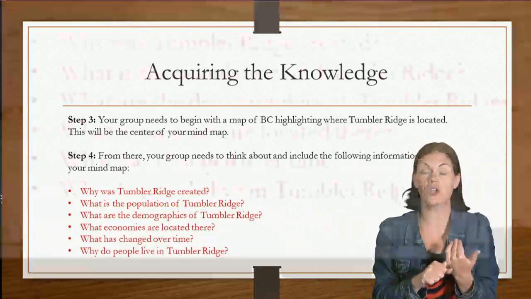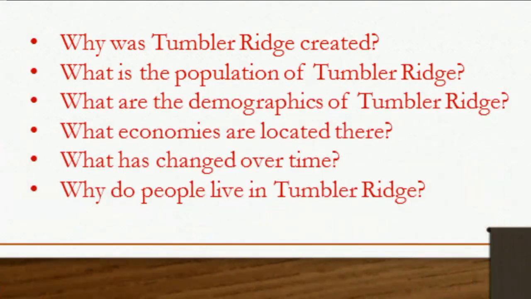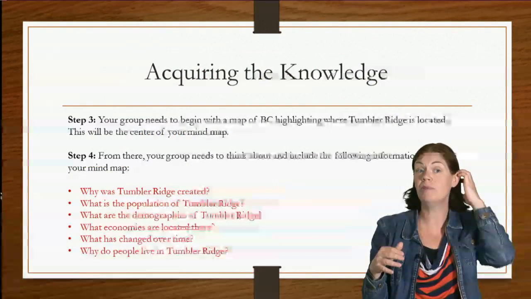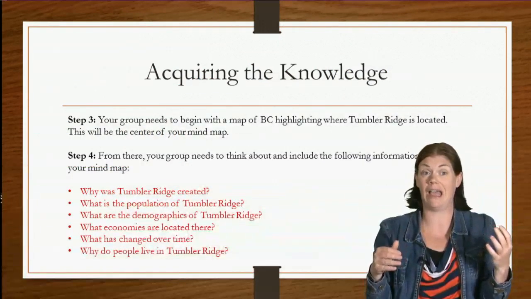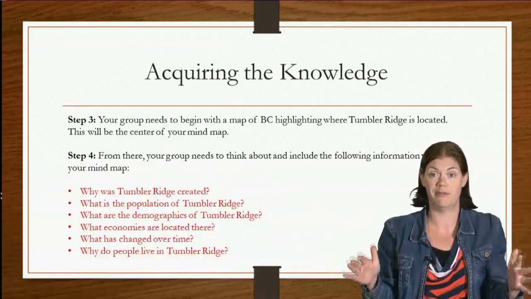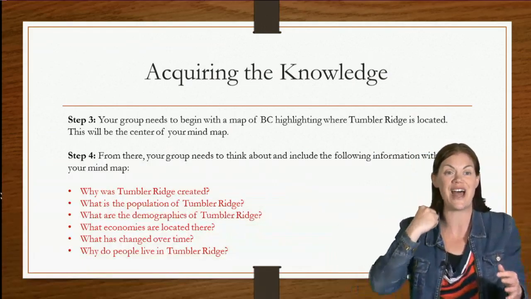What economies are located there? What has changed over time? Why do people live in Tumbler Ridge in the past, present, and future? What draws them to Tumbler Ridge? Because probably quite a few of you right now are thinking, I don't know why people live there. They're crazy living in the north, right? So just be aware of that.